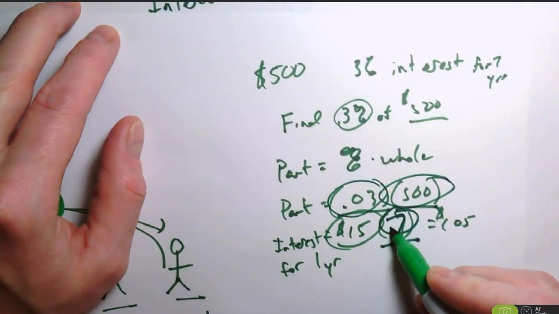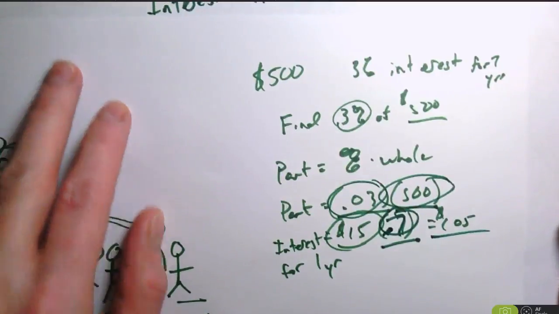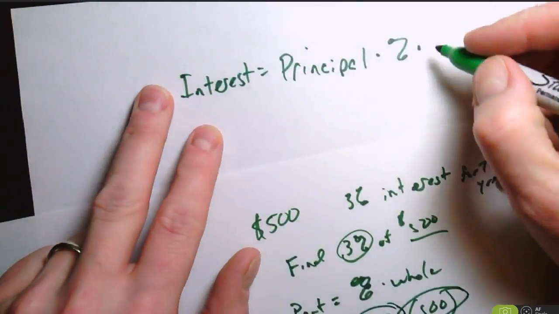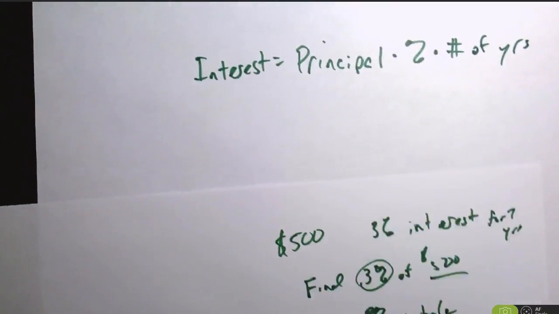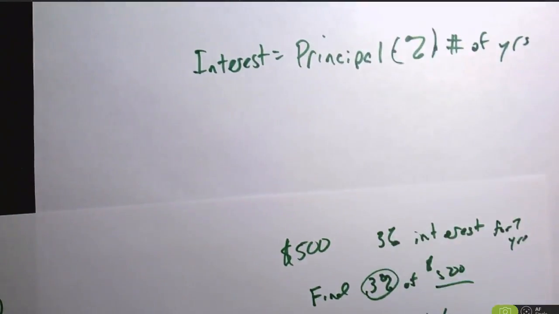And since this was 7 years, it was 105, so times number of years. Now that's the kind of generic blanket way to do it. Here's the formula.